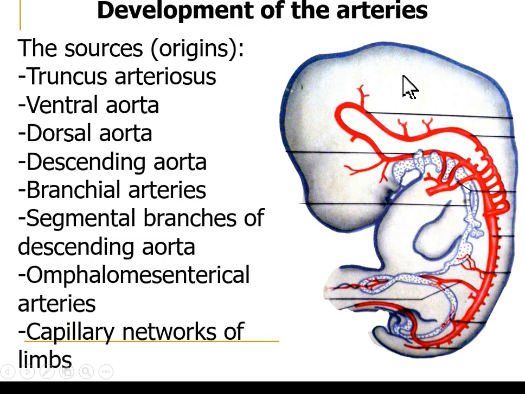What we can see in the embryo, the development of the arteries. Origins or sources: from the truncus arteriosus originate the aorta and pulmonary trunk. The ventral aorta is on the ventral side. The dorsal aorta is on the back side, the descending aorta.